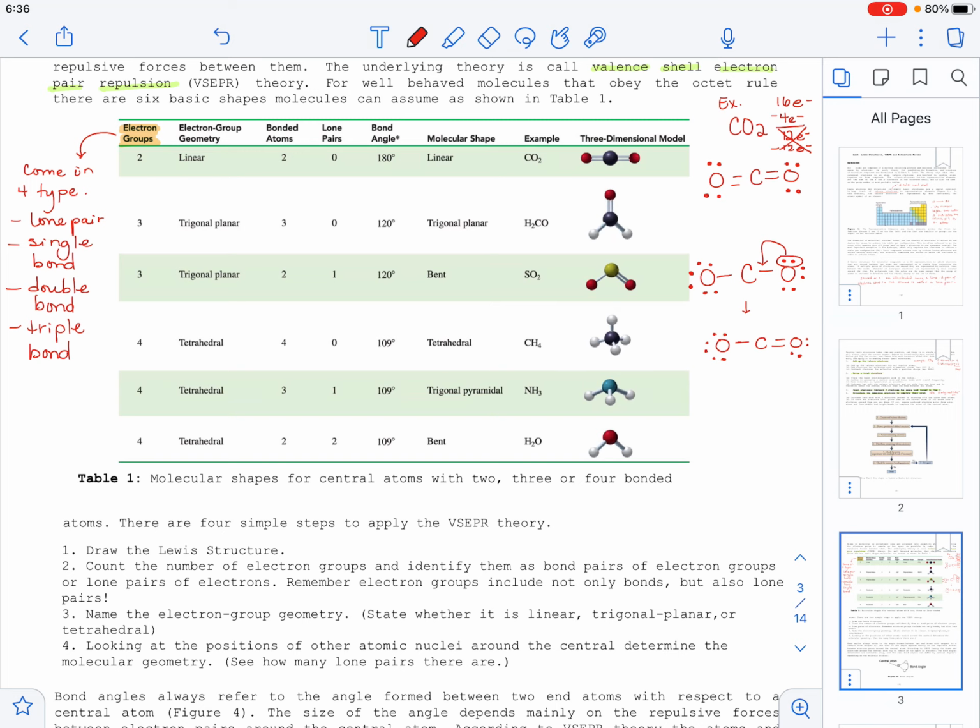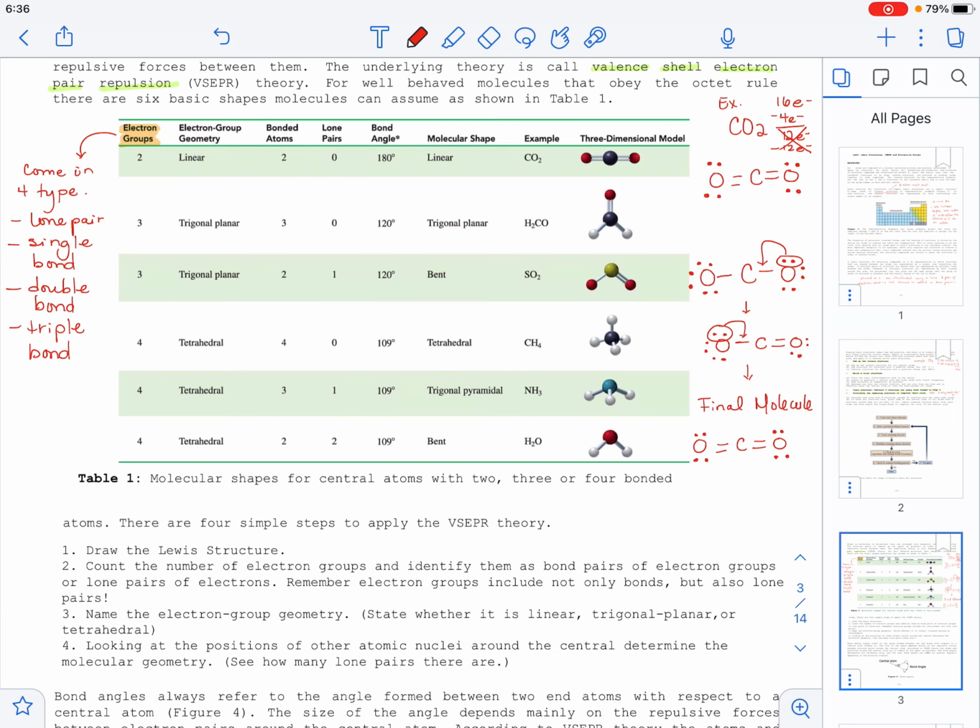So I can select a pair of electrons from the oxygen on the left side. When I share those in, my final molecule is a carbon atom that has this arrangement of electrons.